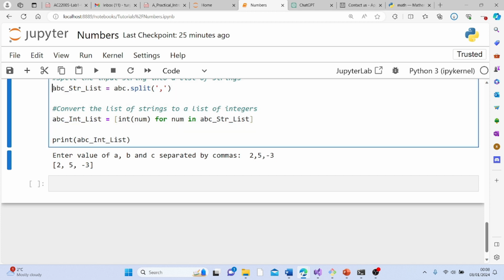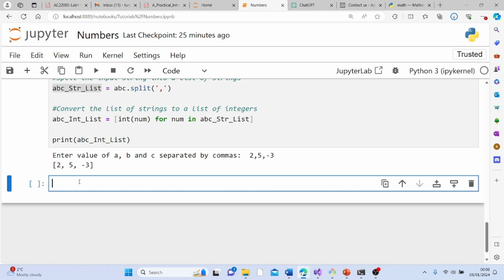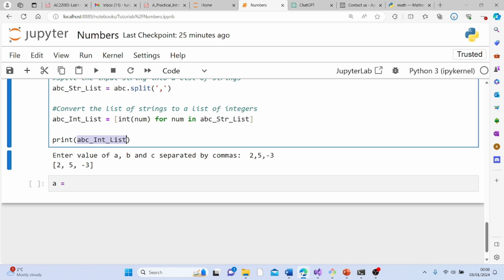They are no longer strings like the elements here. So we have a list of integers. Now we have our A, B and C as integers inside this list. I can just declare A is equal to this.